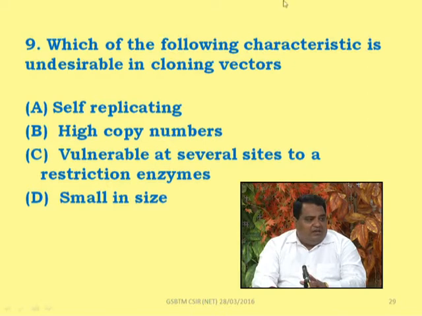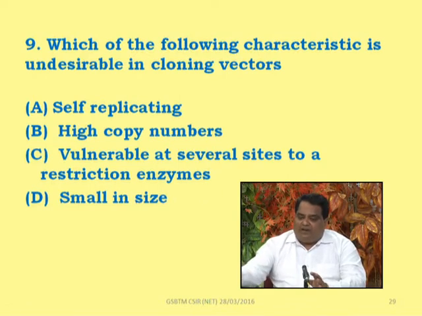So here undesirable means not required. It is not necessary that it should be present. So self-replication, yes, ORI is required. High copy number, of course, if the copy number is high, the probability of getting clones will be more. Vulnerable at several sites to a restriction enzyme. This is not right.